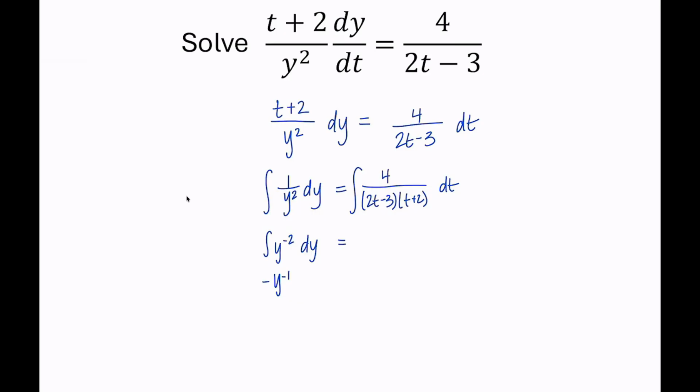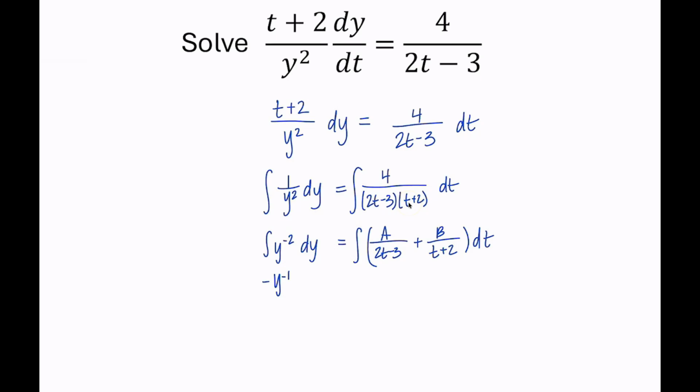But on the right-hand side here, we can hopefully see, because it's already sort of set up, it's going to be a partial fractions problem. So it's going to be some a over 2t minus 3 plus some b over t plus 2 dt. And so let's go ahead and set up our primary equation.